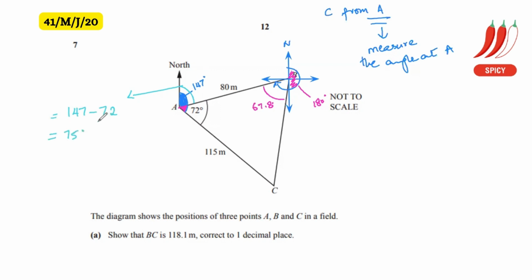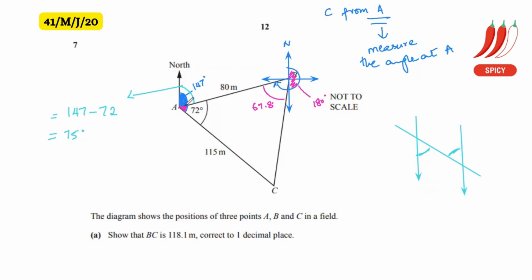75. So if you remember parallel lines, if you have two parallel lines and a transversal passing through them, alternate angles are equal. The same concept is applied over here when we're trying to find bearings.